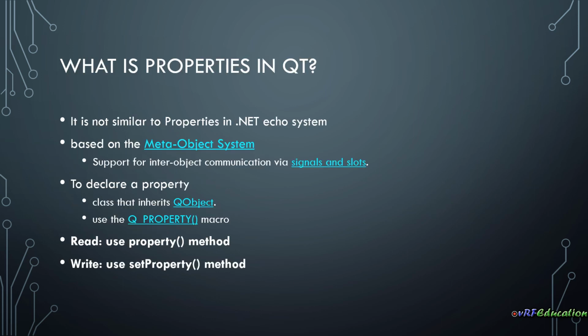Okay, what is properties in Qt? For those of you that have some background in programming with C# or VB.NET, I have to say that properties in Qt is completely a different concept. It is based on meta-object system and support inter-object communication via signals and slots. If you want to use property in your own object, first of all, you should inherit from QObject class.